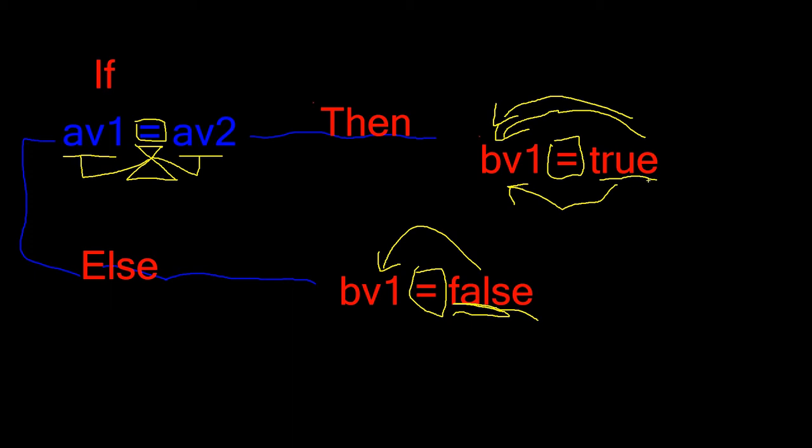This is opposite to, for example, assigning into BV1 BV2 if we had one, right? In this case, you're gonna have either true or false, right?